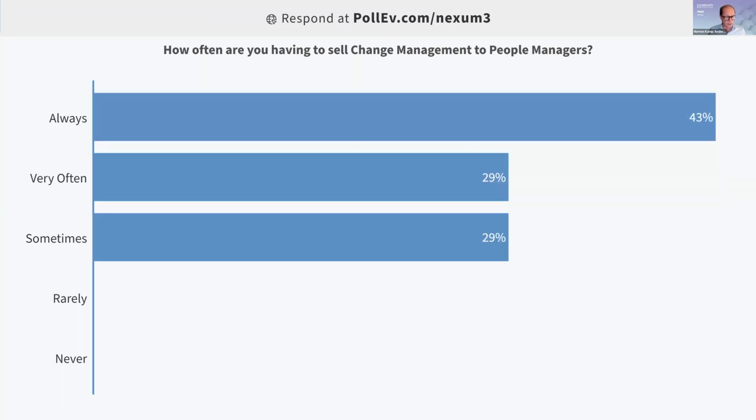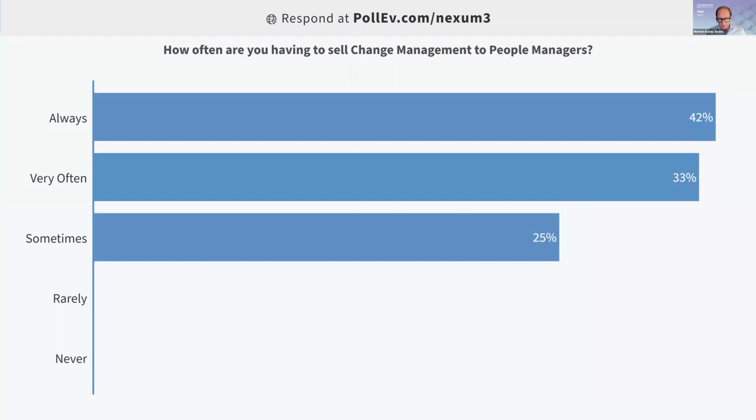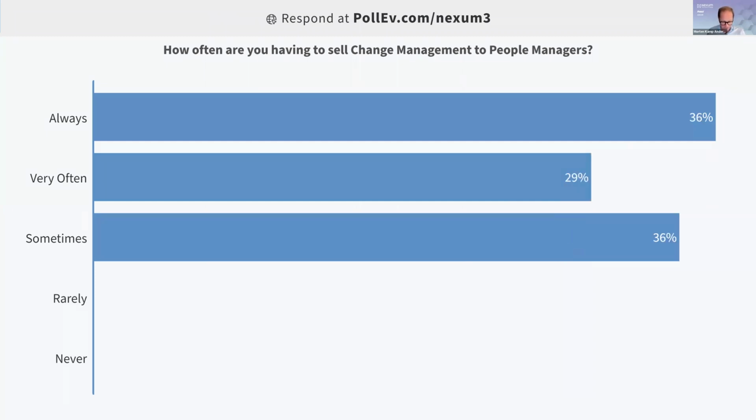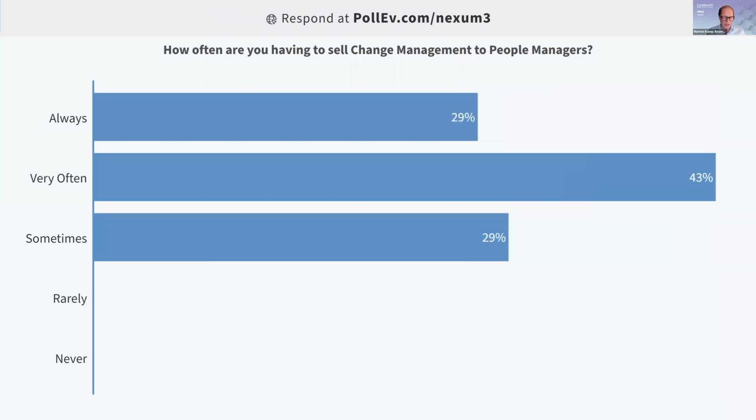So here you have people managers. Now the people managers are obviously incredibly busy. They have almost no time. So you need to convince them to engage and take on the role as change managers, so to do something active to make this project work.